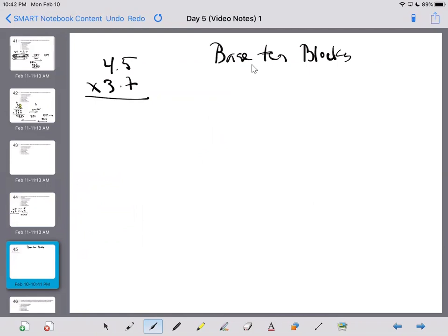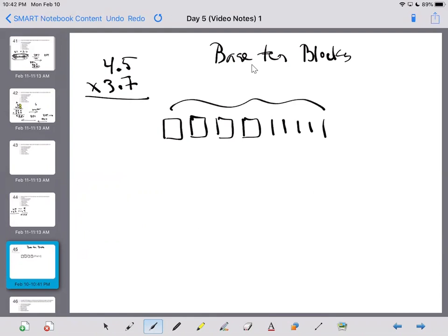We're not going to model this with thousandths, but we can give the students a model of what this would look like of 4 5/10 and 3 7/10, because we know our answer is going to show us into the hundredths. So let's build the 4 5/10. So this section shows 4.5, and this one's going to show 3 7/10.